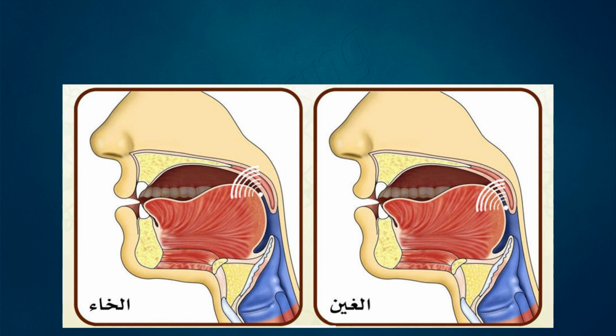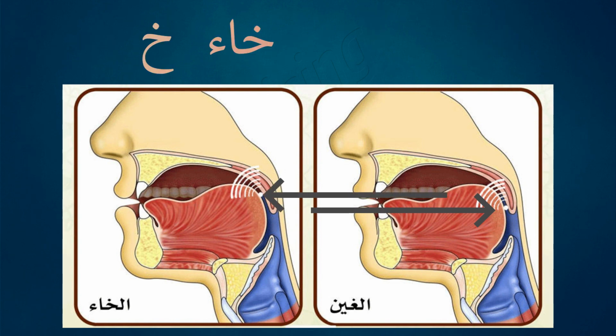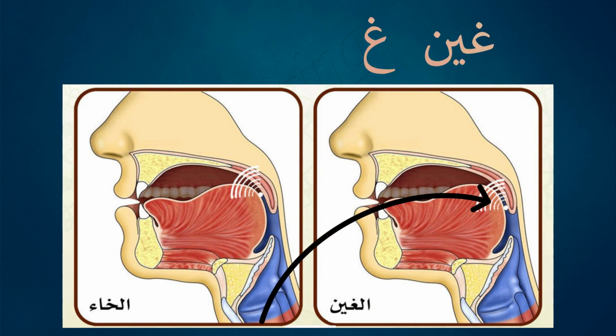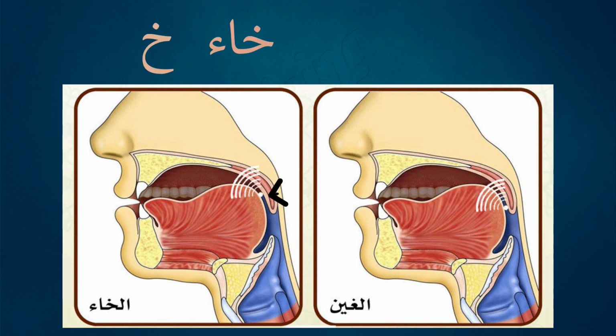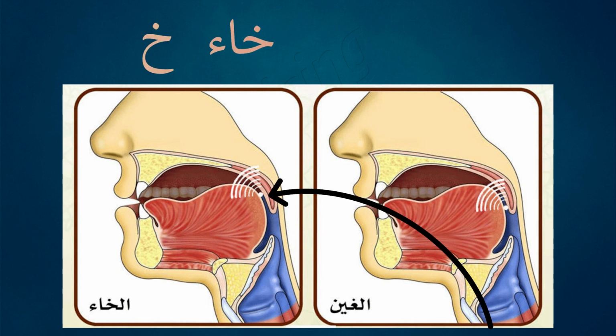In the right side, you can see the point of which air comes out to produce the letter غين, غا. This point is lower than that of the letter kha on the left side of the picture. غ, خ. Try with me. غ, خ. غ, خ.